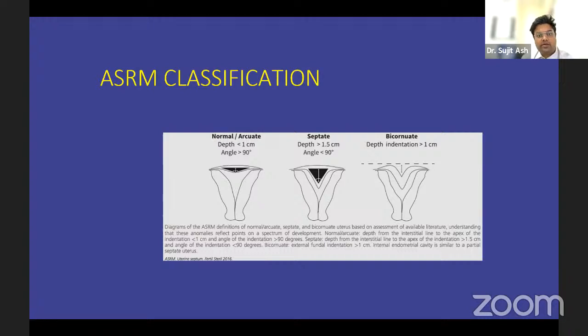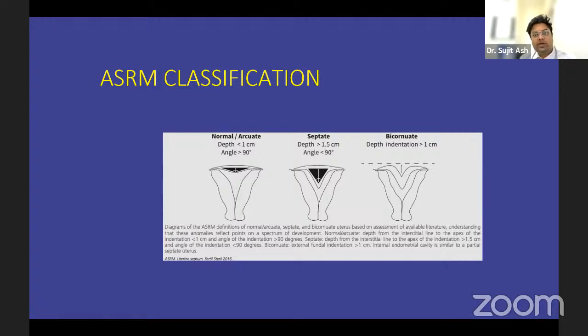So it is always wiser to either do a 3D scan or do a concurrent laparoscopy whenever you're trying to do any septal resection. Because when you see the first picture, the second picture, and the third picture, the third is biconvex and the second is septate. If I don't have a proper scan and I just go in directly with a hysteroscope and think that it's a septum, and start cutting the second one, then obviously I'll reach a boundary where I'll have tissue.